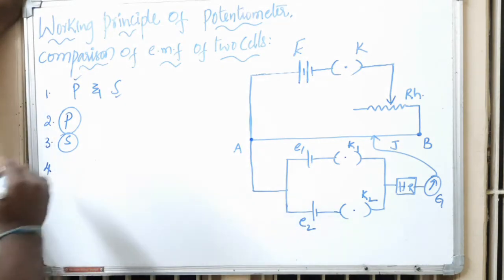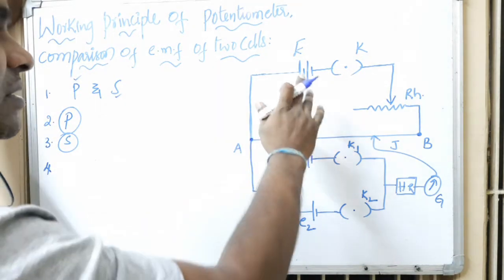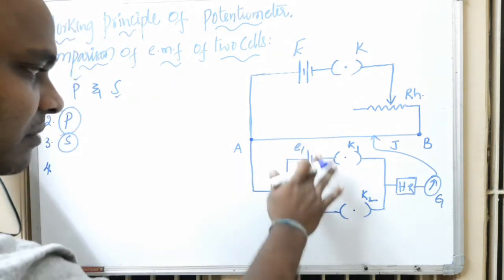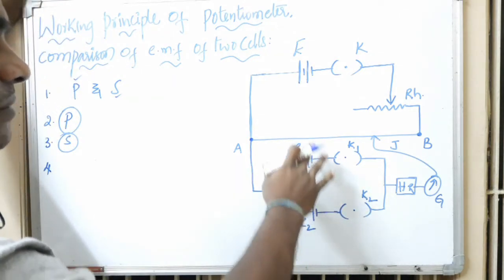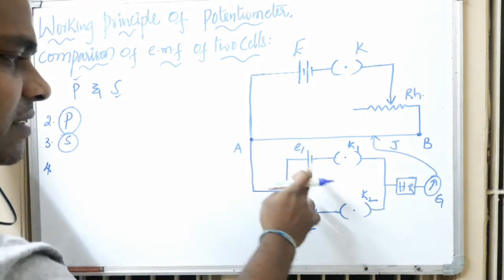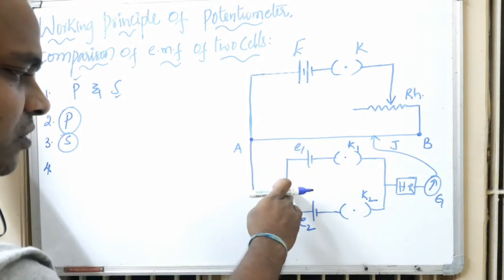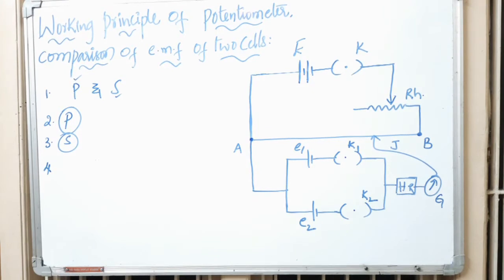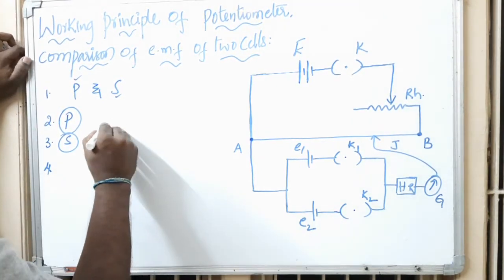This one and these two also, I am considering as one now. This positive terminal is connected to A, and in the same way these two positive terminals are commonly connected to A. Okay. So the last part of the question is the procedure.